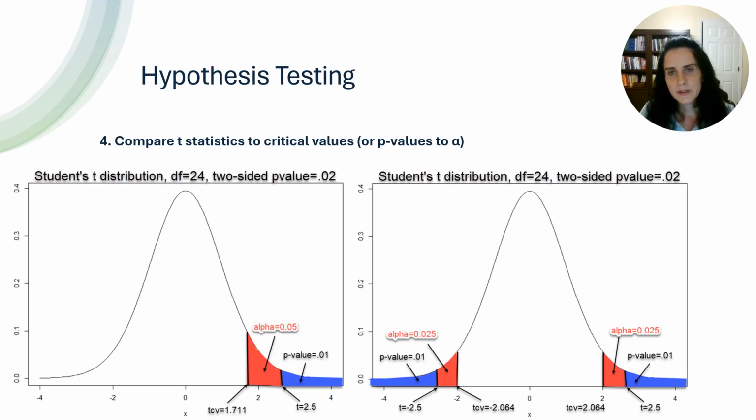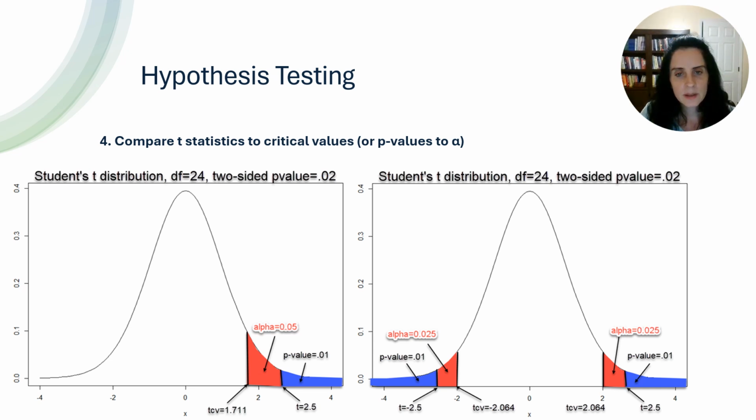After calculating the t-statistic, the next step is to compare the t-statistic to the t-critical value, or to compare the p-value to the significance level alpha. We do not need to do both. Both procedures lead to the same result. In the absence of statistical software or online calculators, we can use critical values. Otherwise, we most often use p-values. In our example, the value of the t-statistic was 2.5 with a one-sided p-value of 0.01 and a two-sided p-value of 0.02.